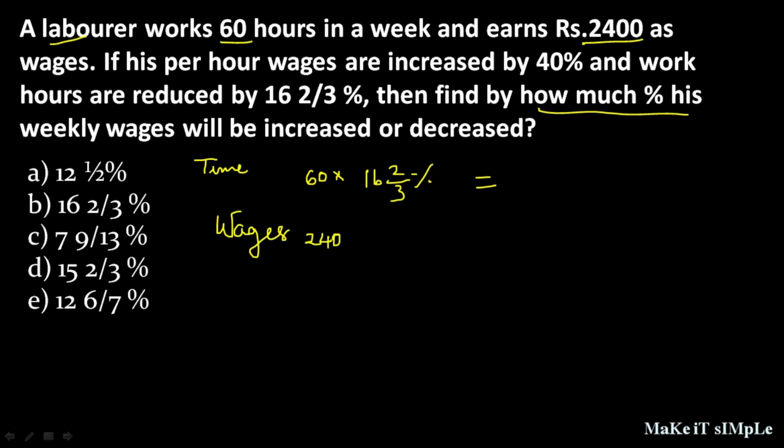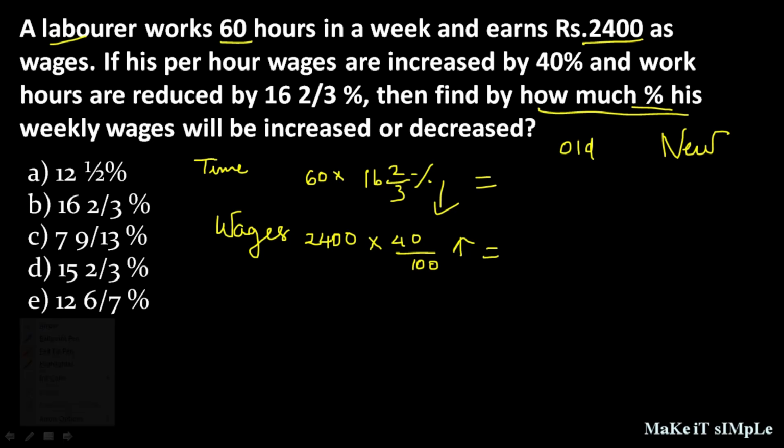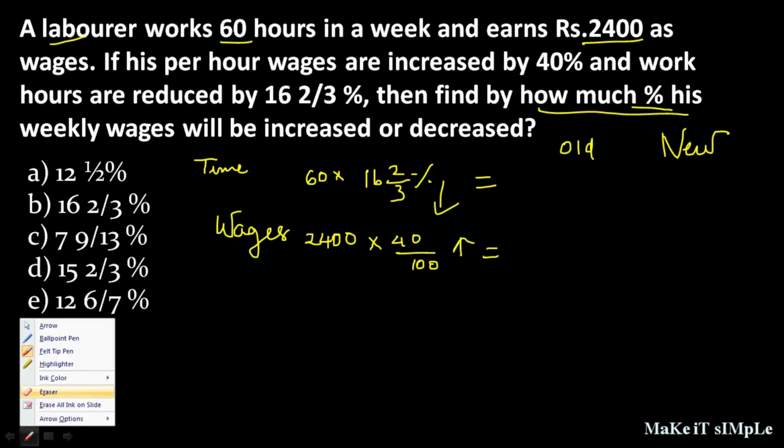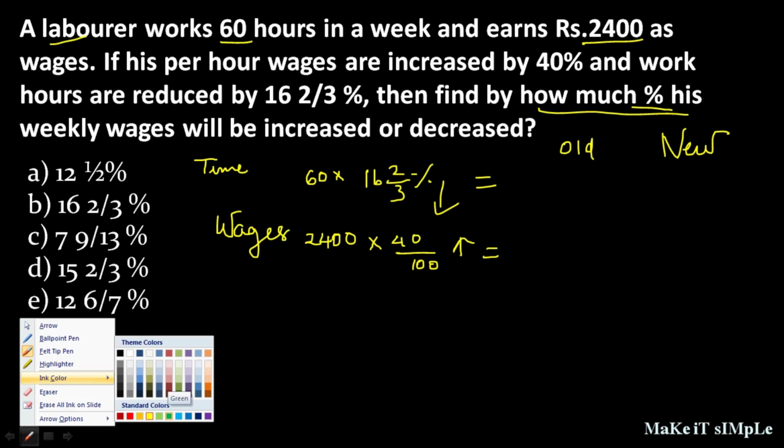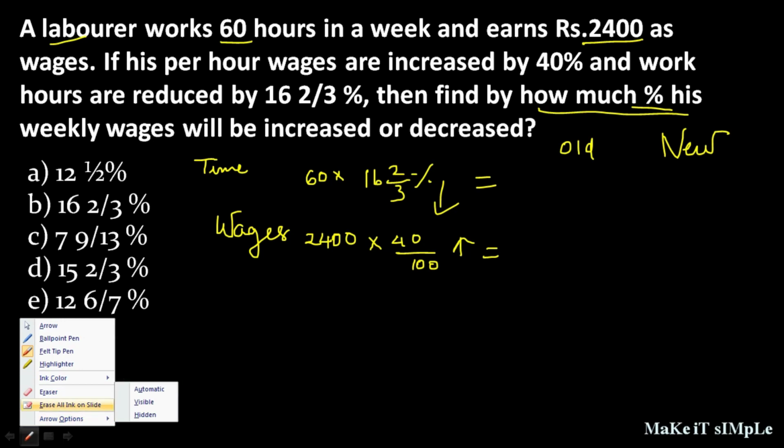So wages, 2,400, changes by this many units, then this wages increases by 40%. So the old value will get some new value, then we have to subtract, then we have to find the percentage increase or decrease from the conventional method. It will take a lot of time, so you just don't do all these things on finding the actual values. Since they have asked for the percentage increase or decrease from the given percentage values, we can calculate it.